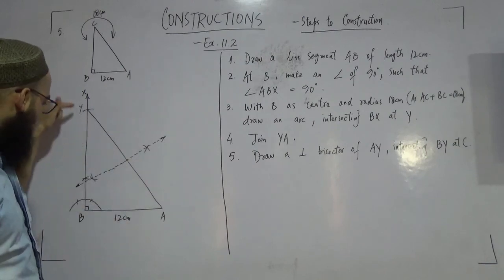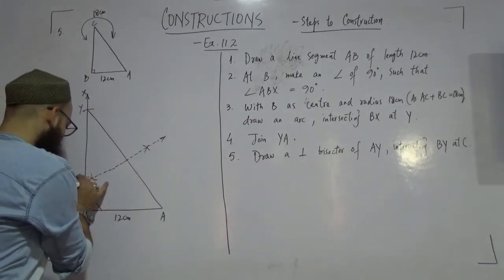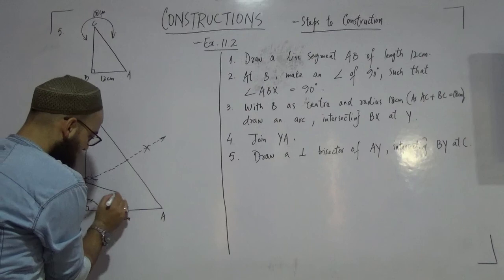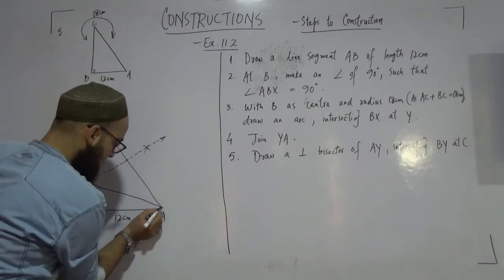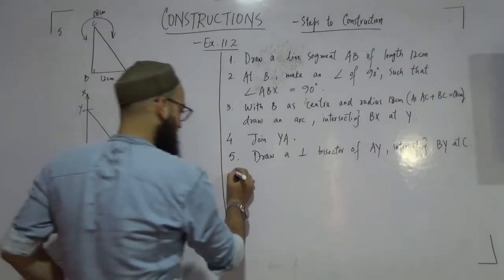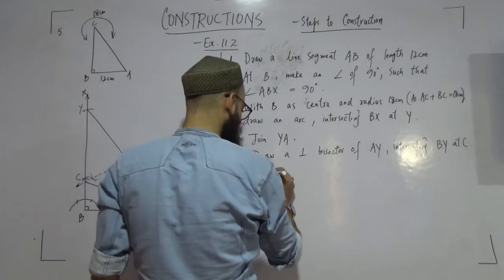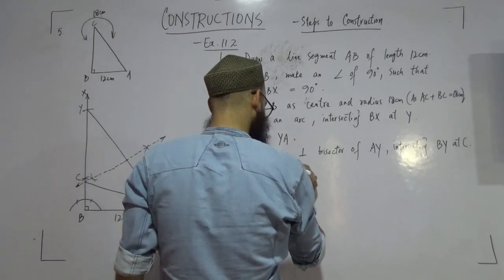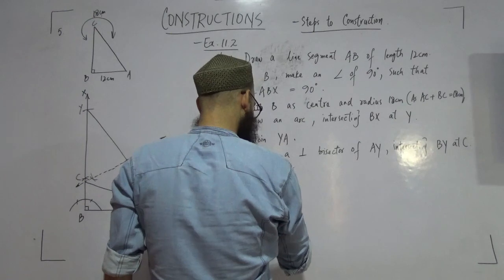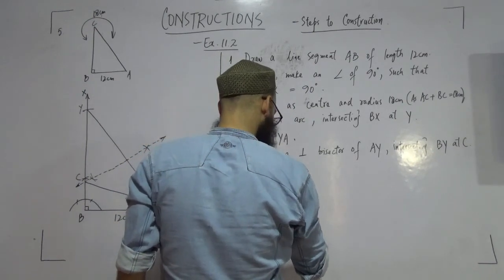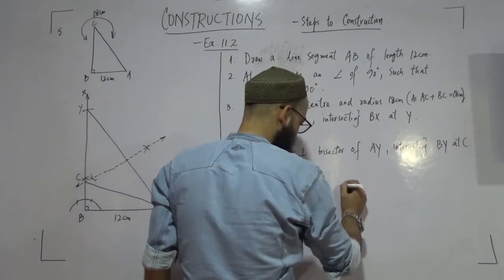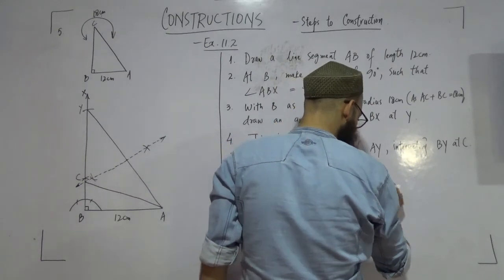Then all you need to do is just join AC. Therefore, triangle ABC is the required triangle.